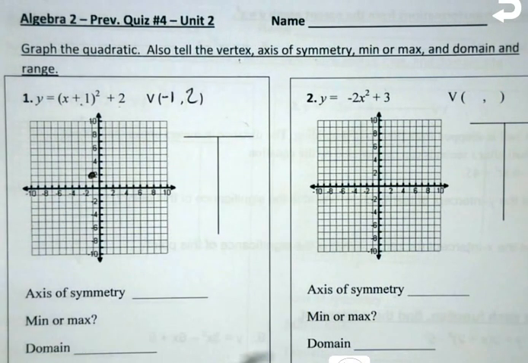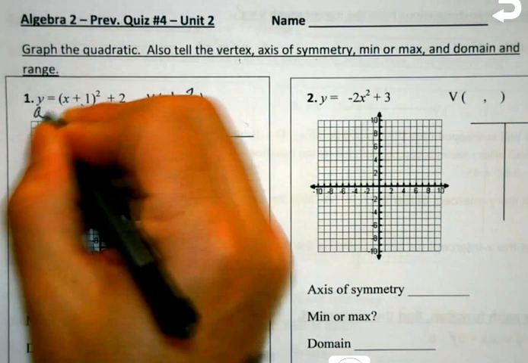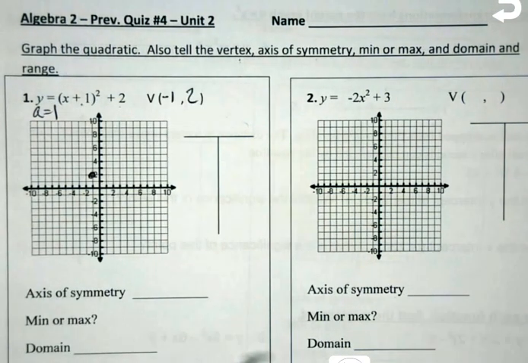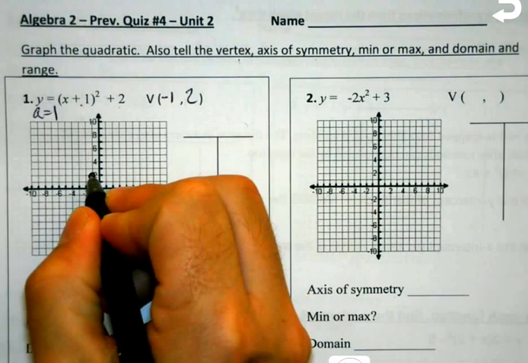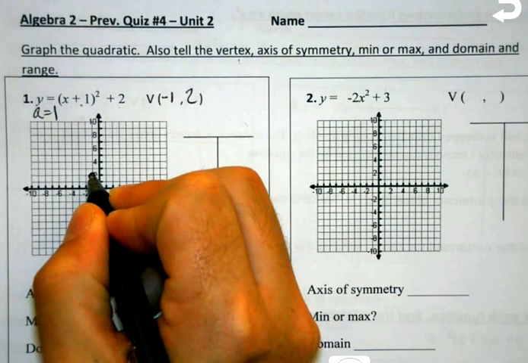At this point, when I go to graph, we've talked about how we have two options. I can either use my pattern with my a value, and then go from there, or I can use my chart. Now, when we talked about the pattern before, the pattern would just be, we're opening up, it's positive.